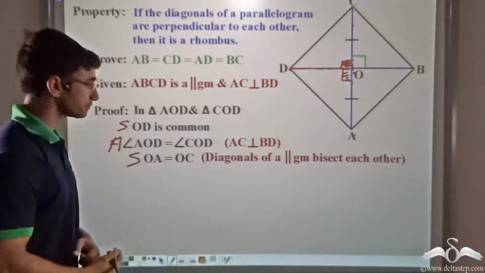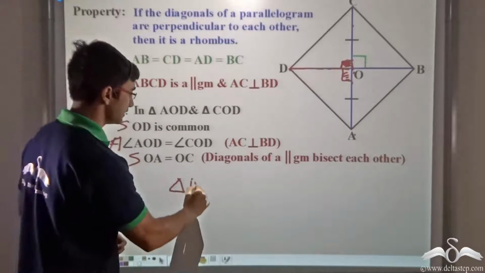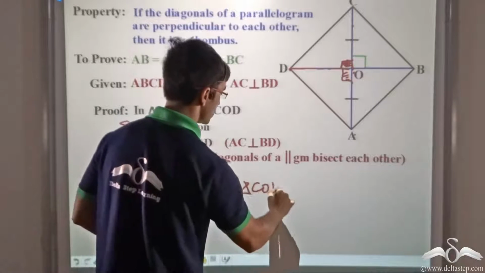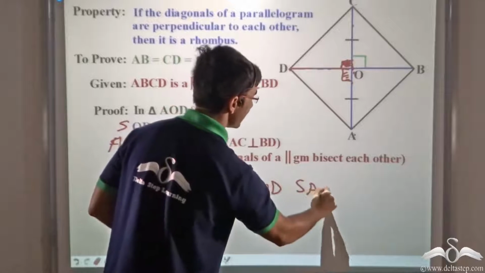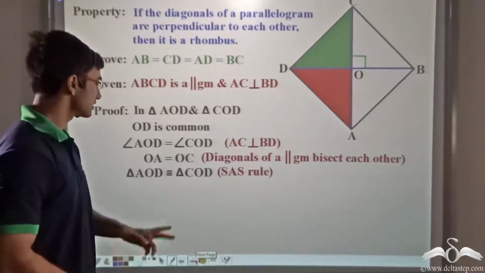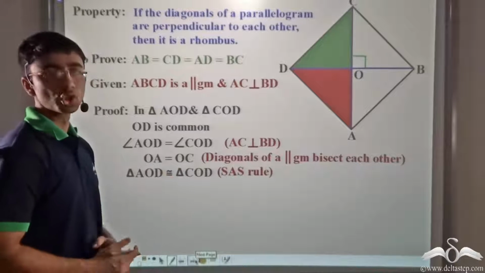So what can we say? We can say that triangle AOD is congruent to triangle COD through the side angle side rule of congruency. Thus, these two triangles are congruent.